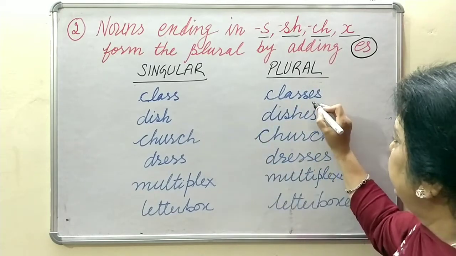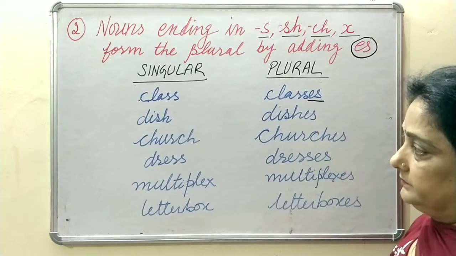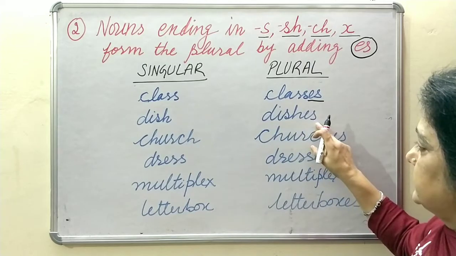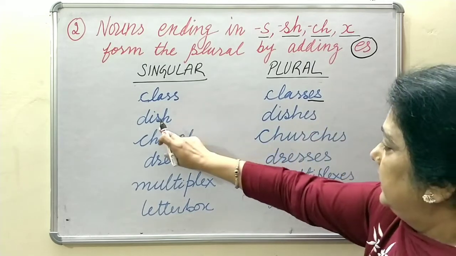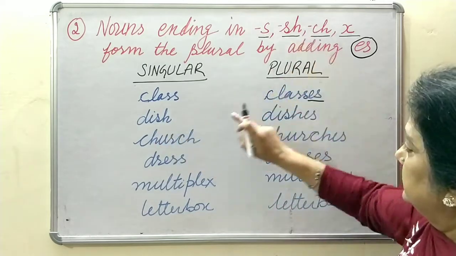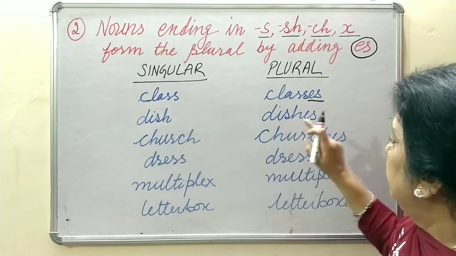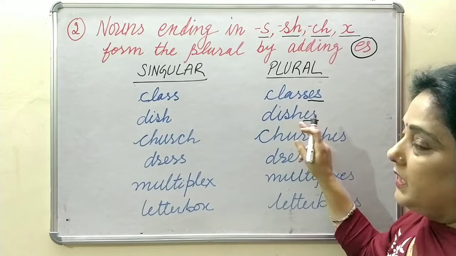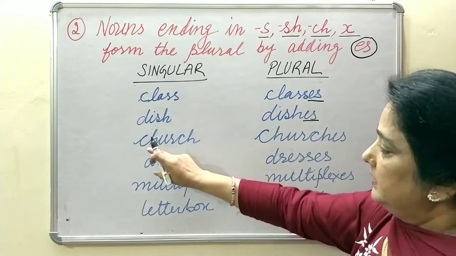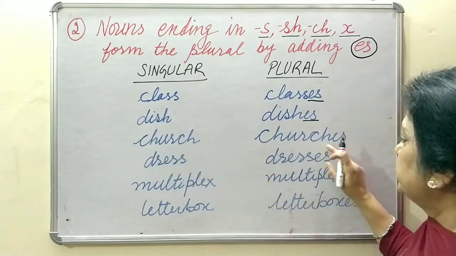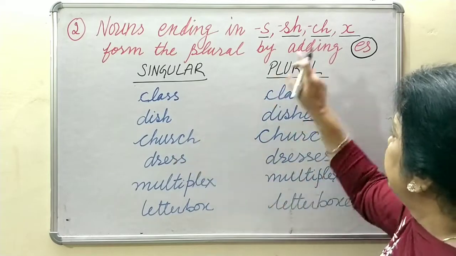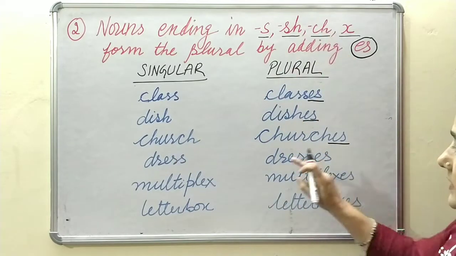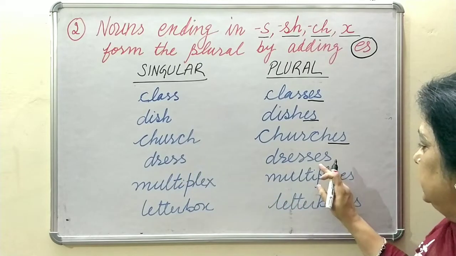We have added ES. Dish. Dishes. SH at the end. And what we have done? We have added ES to form the plural. Church. Churches. Here we have CH and we have added ES. Dress. Dresses.